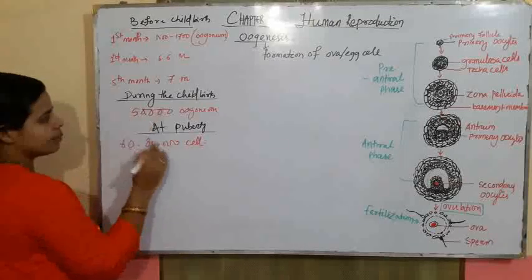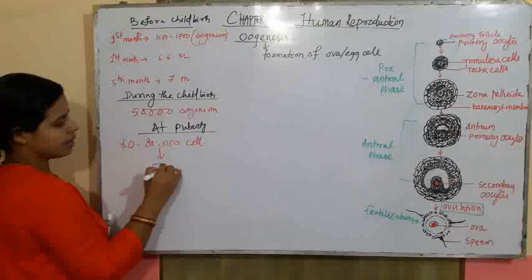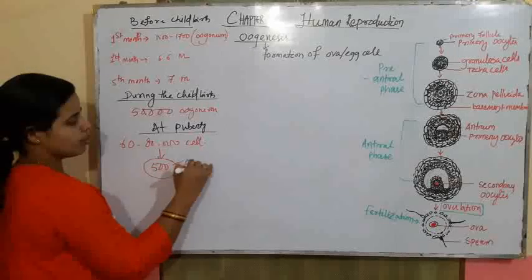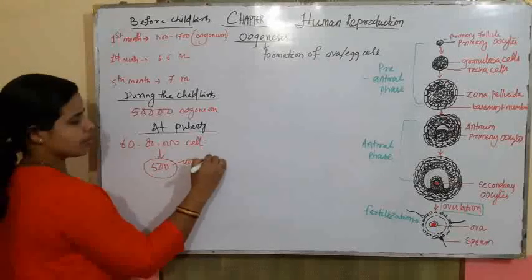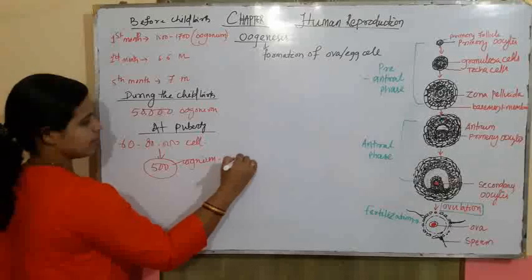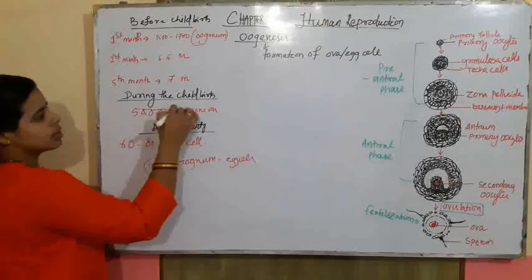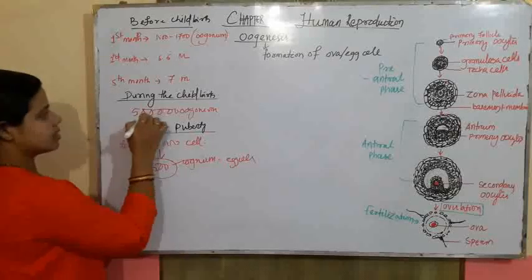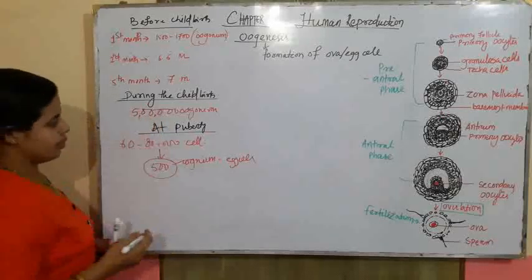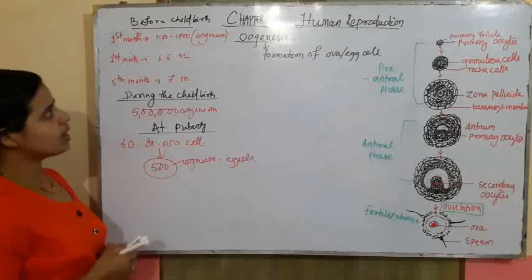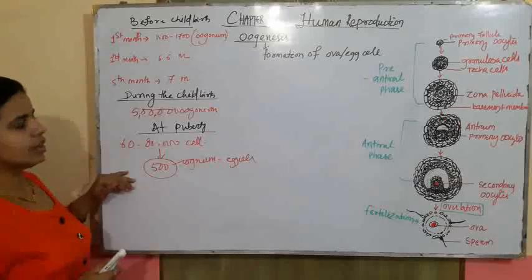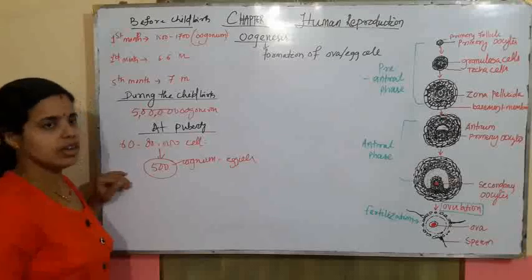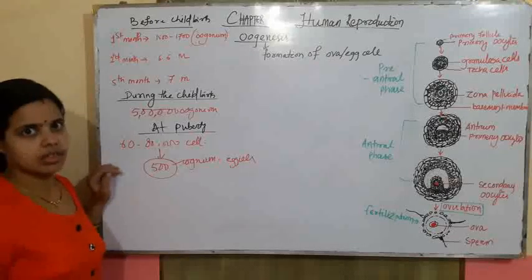Out of these also, only some 500 oogoniums undergo the formation of the egg cell. The earlier number is much larger, say 5 lakhs.